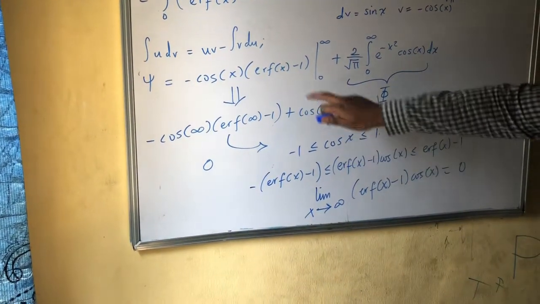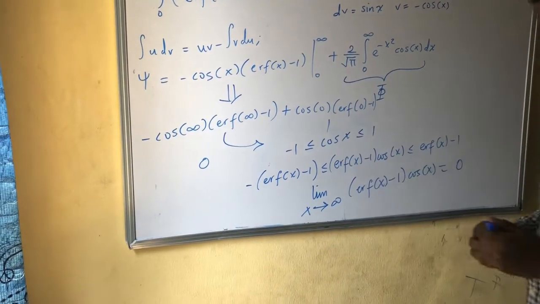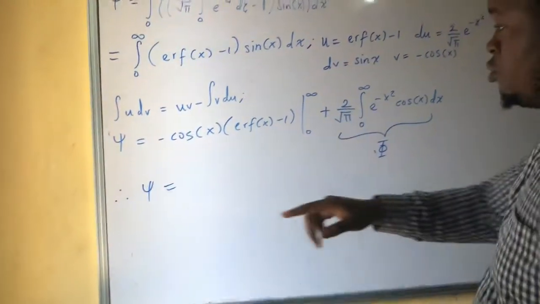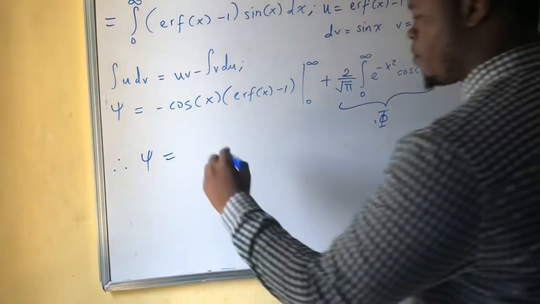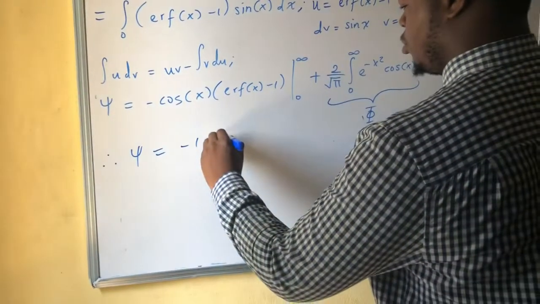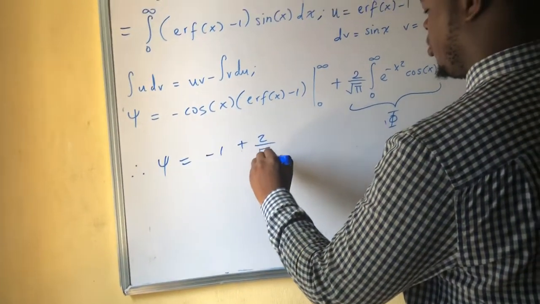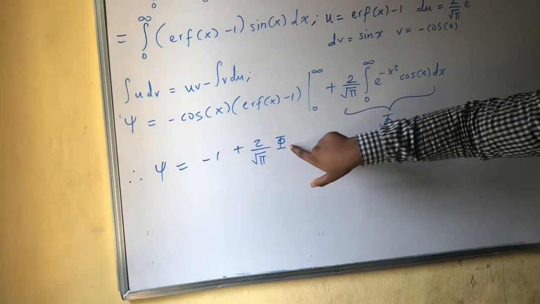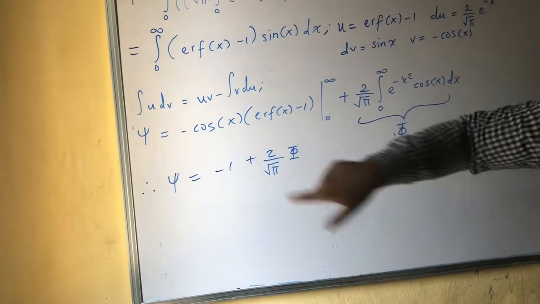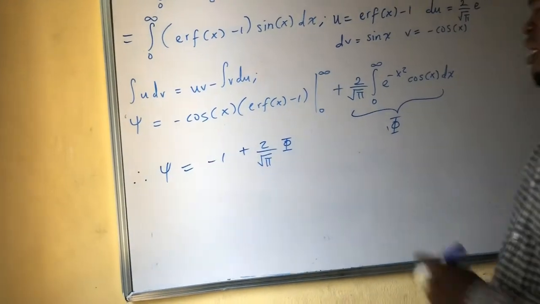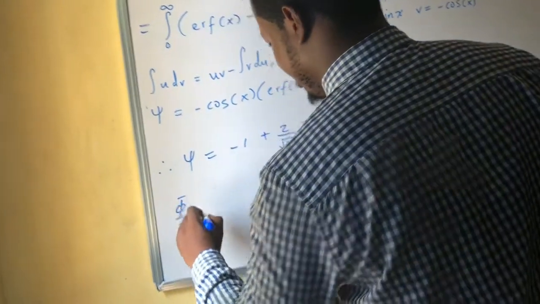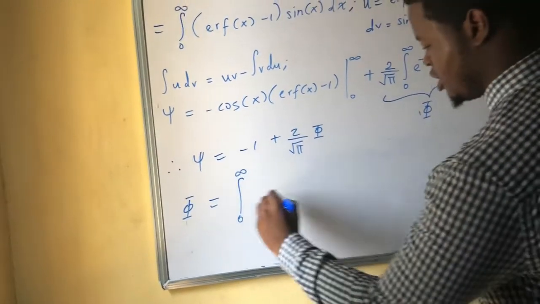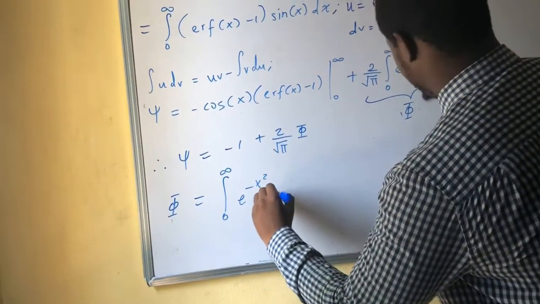And this part is just 1 minus 1, sorry. So we have this equals minus 1 plus 2 over square root of pi, this. So we just have to evaluate this. When we are done evaluating this, then we'll plug it back here and we are done. Now, big psi equals the integral from 0 to infinity of e to the negative x squared cos x.